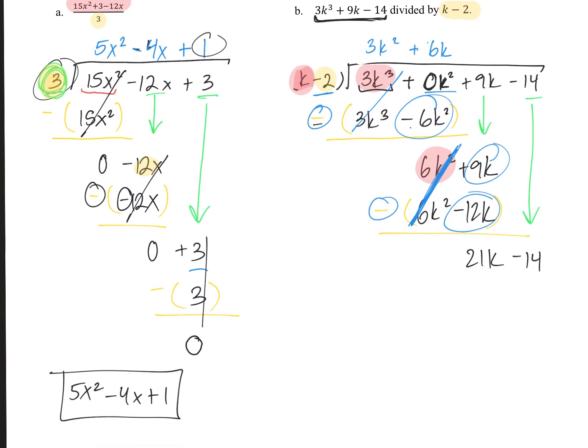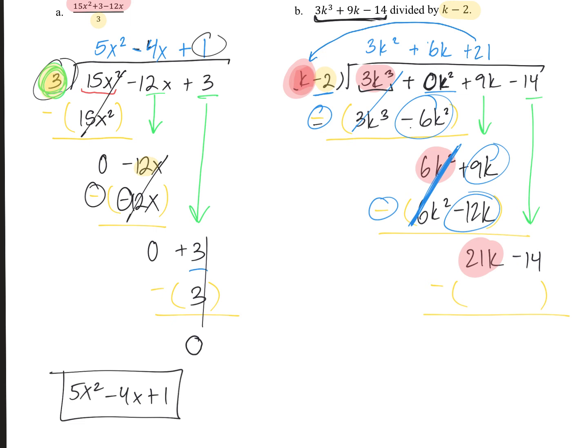All right, setting up for subtraction. What's the question now? The question is, what do I multiply k by to get positive 21k? Well, I'll go ahead and multiply it by 21k. Ooh, I'm not going to multiply it by 21k. I'll just multiply it by 21, because 21 times k will give me that 21k.